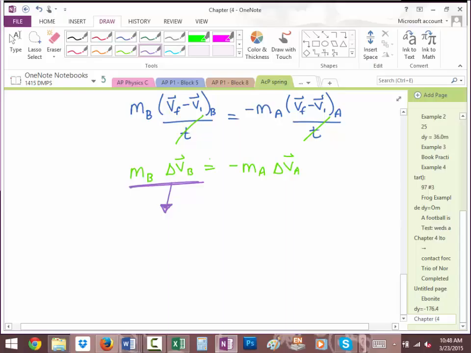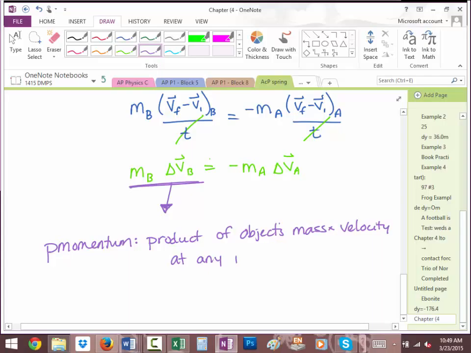The new name that they're going to give it is momentum. Momentum is just the product of an object's mass times its velocity at any moment.